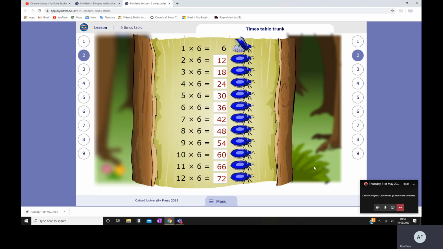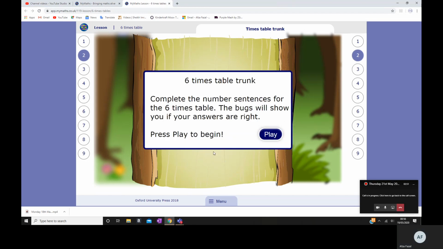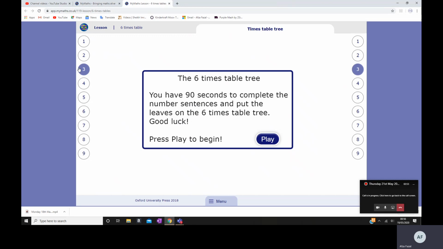Let's click mark it. And the bugs will tell me if I'm right. And off they go. That's your times table trunk.